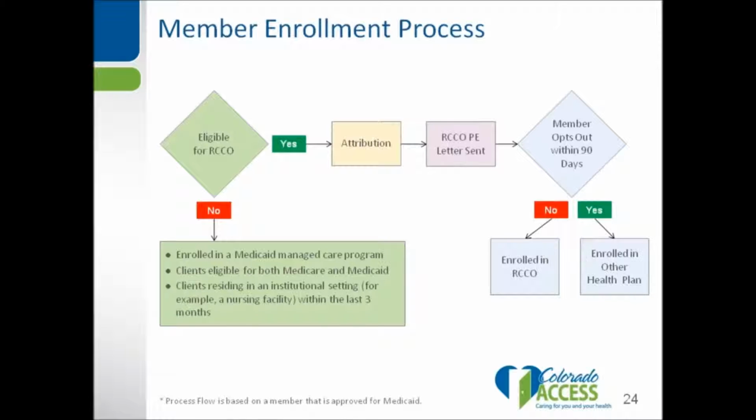Once that occurs, the members or patients are sent out what we call a passive enrollment letter. So the state sends out a passive enrollment letter to all members telling them that they've been enrolled in the RICO program. But at any point during that process, they can call and opt out not to participate in the RICO program and look at participating in a different plan. If the member has not opted out within 90 days, then they are enrolled in RICO.